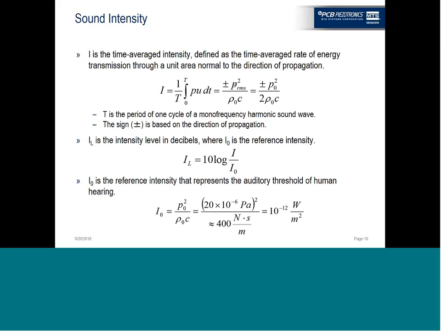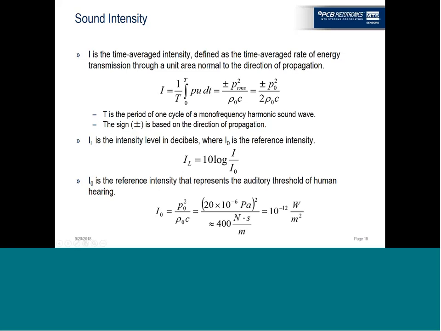P0 in this case is the peak sound pressure of the sinusoid. So again, the sinusoid that you're looking at, the particular frequency that you're looking at, you would use the peak instead of the RMS level. And that's the reason you have the factor of 2 in the bottom, because your peak is going to be the square root of 2 times your RMS level.